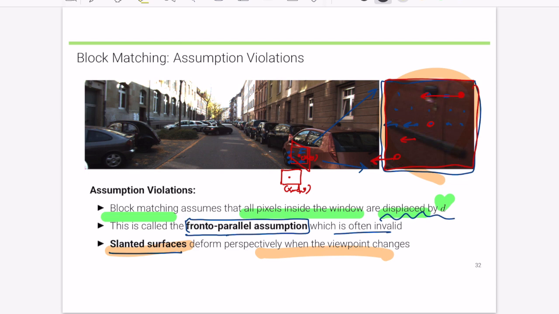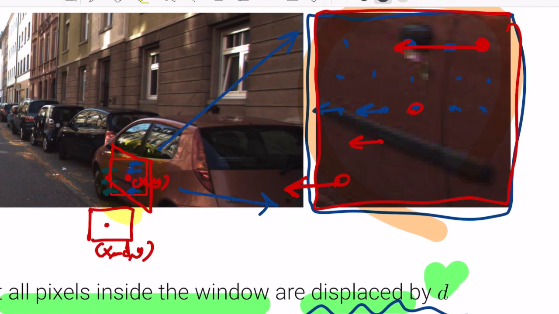For example, the fronto-parallel assumption, which means each plane in the images should be front-facing. So we assume every pixel in this window moves similarly, exactly the same, but in rare cases this is often invalid or violated, such as the slanted surface case, like this one.